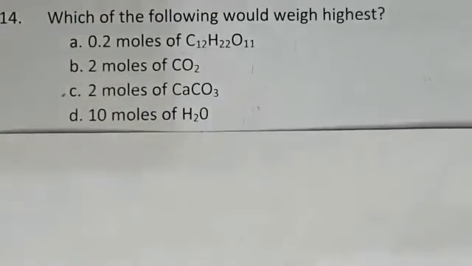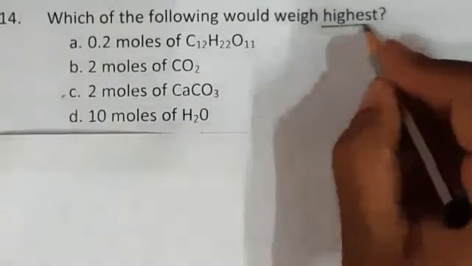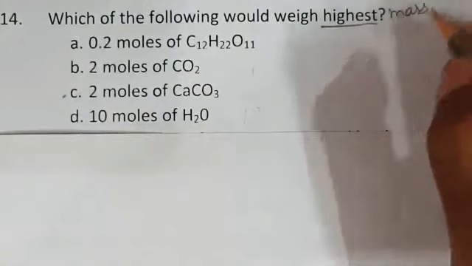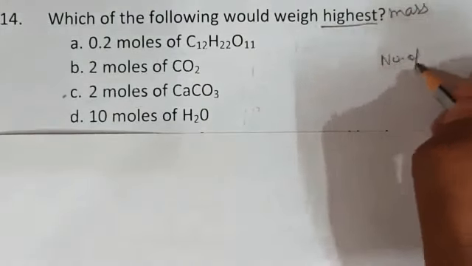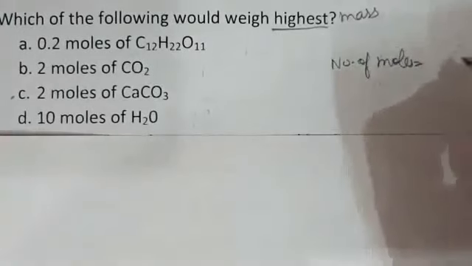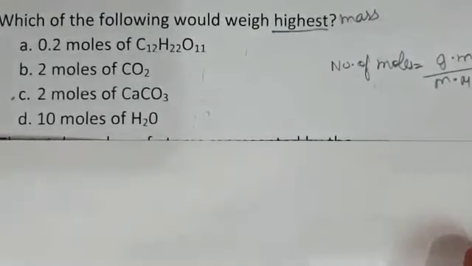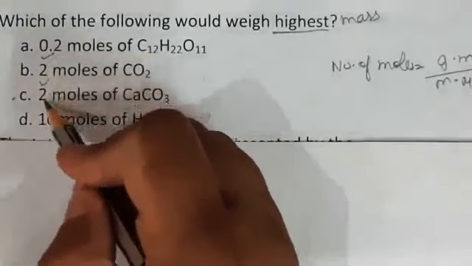Coming to the 14th question: which of the following would weigh highest? It means you need to calculate mass. You know that number of moles is equal to given mass divided by molar mass. Number of moles is given in the question.